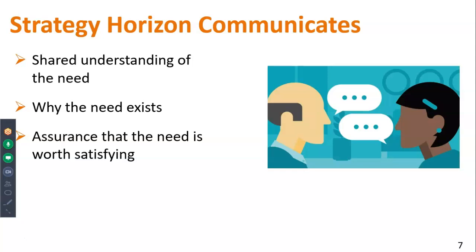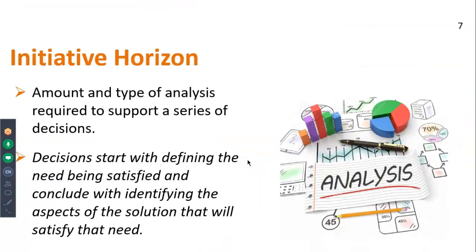So the goal would be, by looking at the possibilities, the solutions at the initiative level, we could inform the strategy level that says, you know what, we need to rethink this because based on our assessments and our investigations, we're not going to achieve value from this. We're going to wind up costing ourselves money, or we're not going to achieve the level of value that was anticipated from the strategic decision. So again, we're feeding information forward and backward, feeding it back to strategy, and we'll be feeding it forward to delivery.